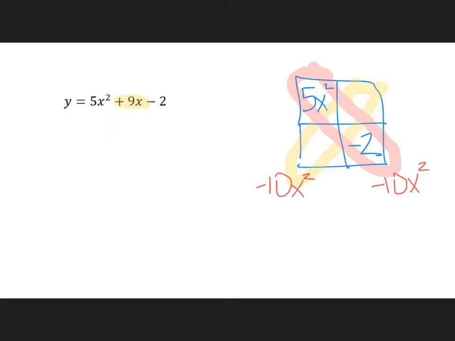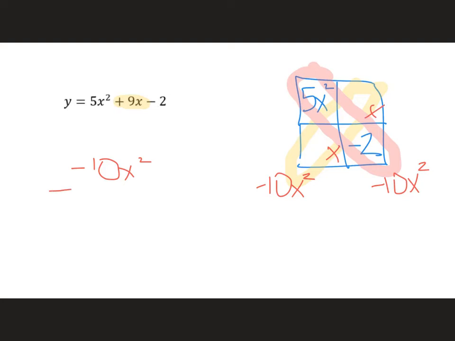That makes things much more interesting because we can come up with factors of negative 10x squared. And we know they both need to have an x, because both of these boxes should have an x in them so they can be combined. They have to be like terms.